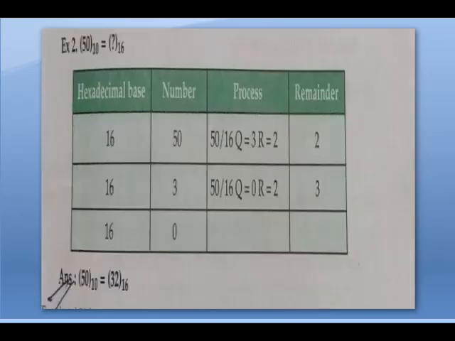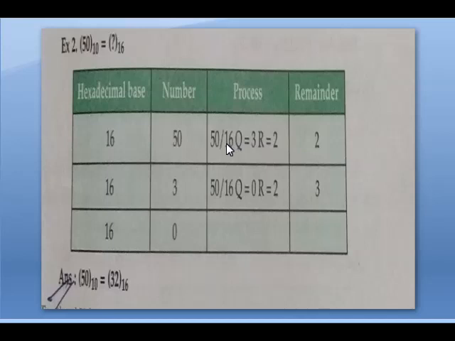Now we will see another example. Example number 2, 50 to the base 10. We are going to convert the decimal number 50 to hexadecimal number. First write the number, then divide it by 16.